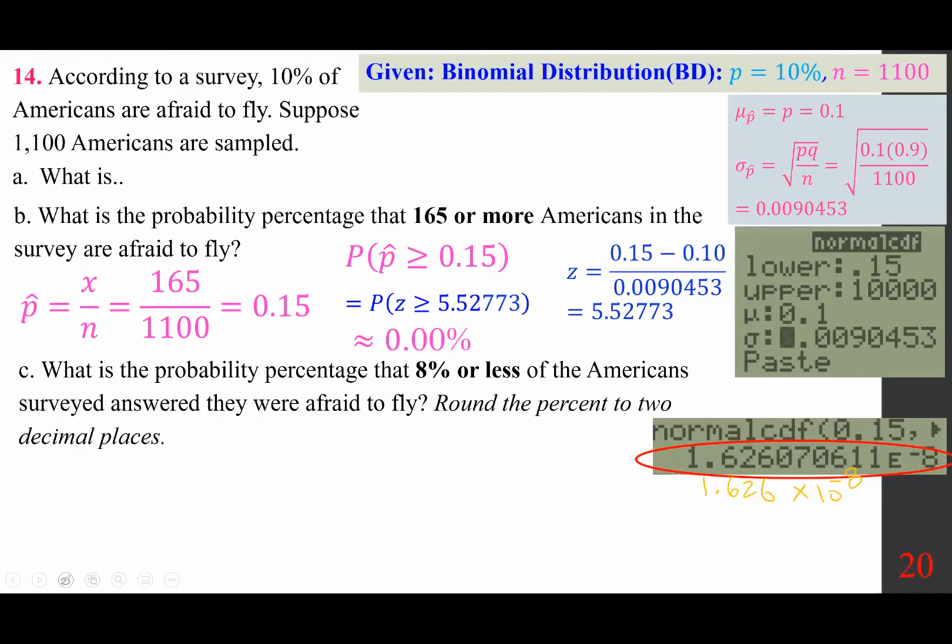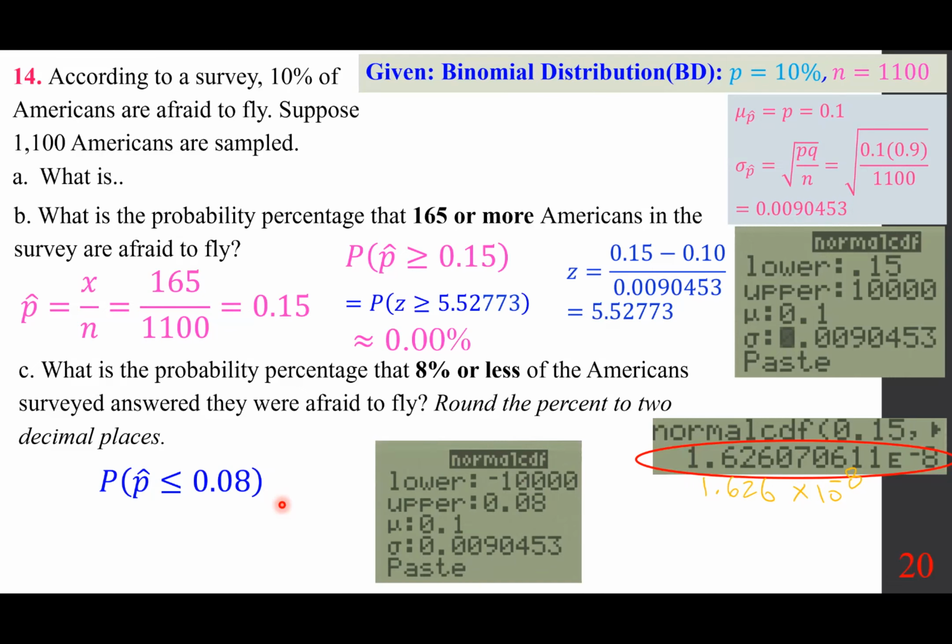Now, the last part: what is the probability percentage that 8% or less of Americans surveyed answered they were afraid to fly? So you're either afraid or not to fly. And so the probability of P hat is less than or equal to 0.08. At this point, just use the calculator and put a negative number here, whatever, minus 1,000 or 10,000.